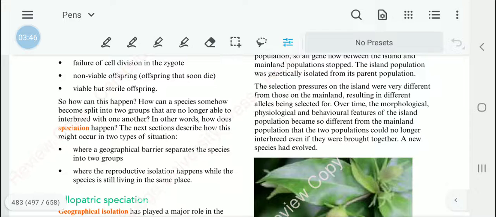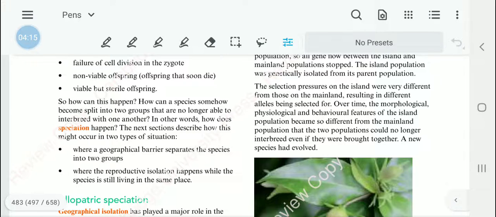So there is no genetic transfer taking place, and these species will get adapted to the two different environments, and as a result the gene pool will change because of the new alleles being formed, and finally they will no longer be able to interbreed even when they are put together.